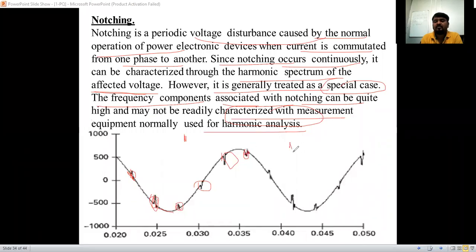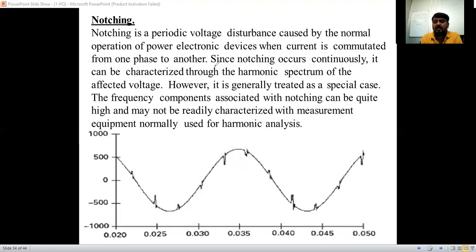This is the harmonic distortion method, we can calculate by using that. We can characterize this with the measurement. Because of power electronic devices commutating current from one phase to another, in that condition the notching will occur over there.